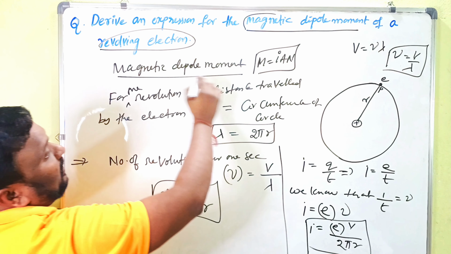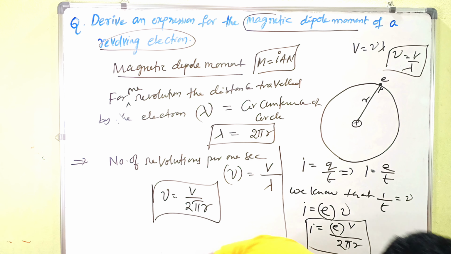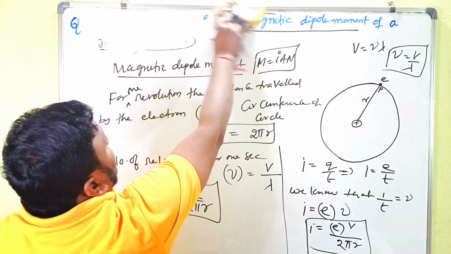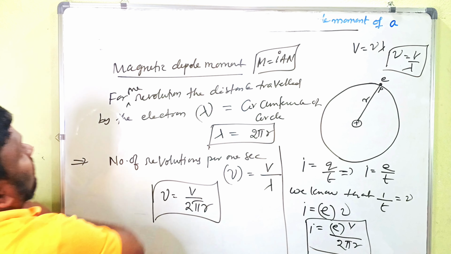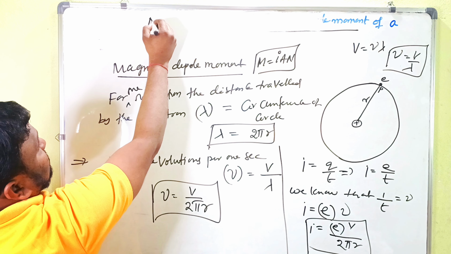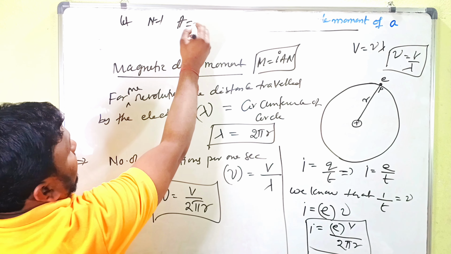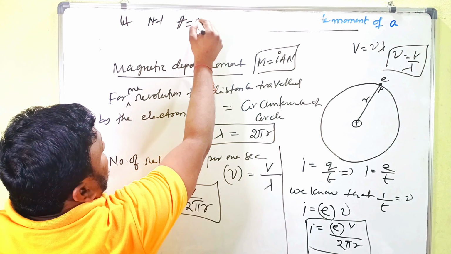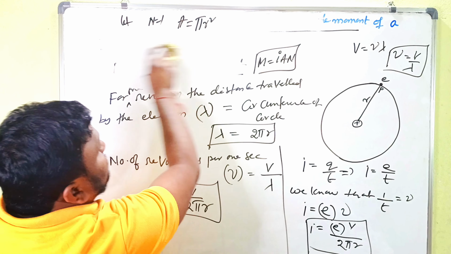Starting from what I told you, M is equal to I A N. Here there is only one orbit, so we take N is equal to 1. And A is the area of the orbit, a circle, so pi r square. Now substitute the values.